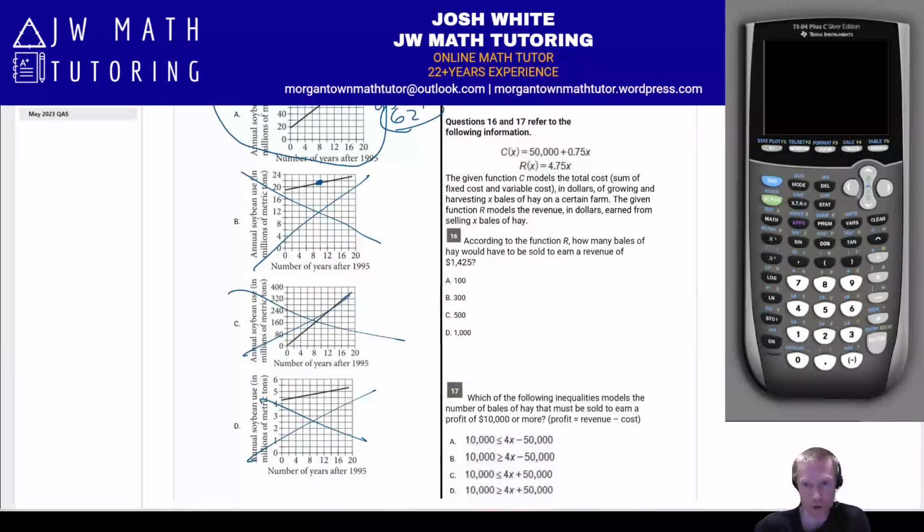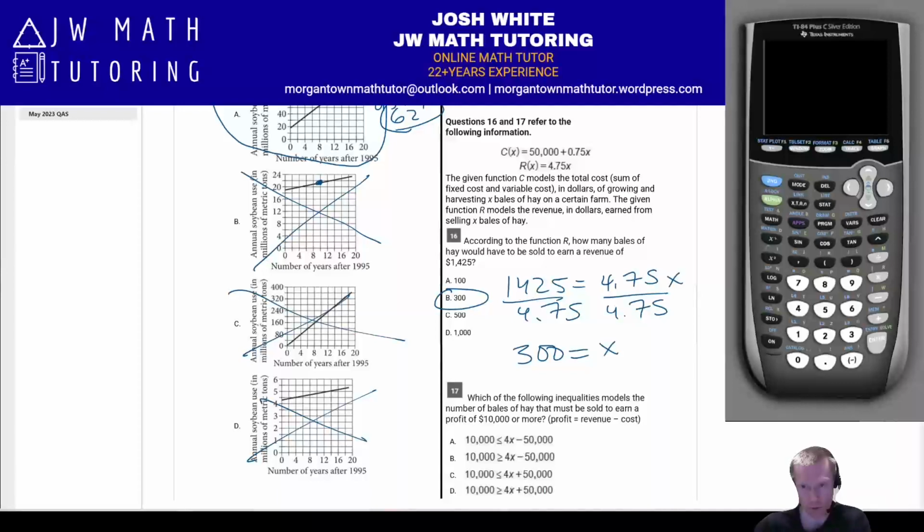All you're doing is plugging in 1425 for the revenue and solving for X. So you're literally just dividing that by 4.75. If you do this, the answer comes out to 300. So that's it. You would have to sell 300 bales of hay in order to earn revenue of 1425.